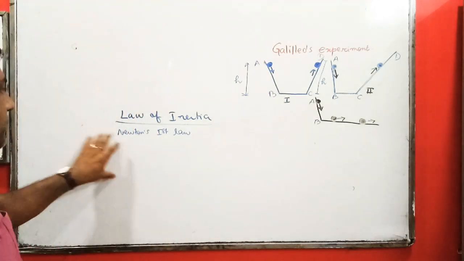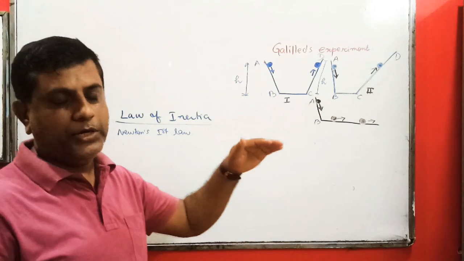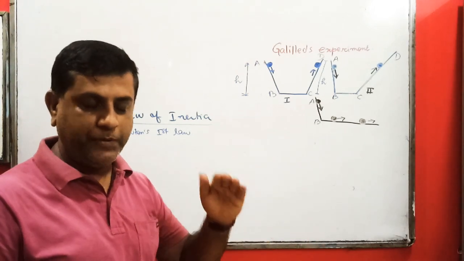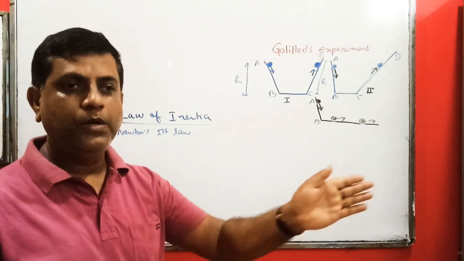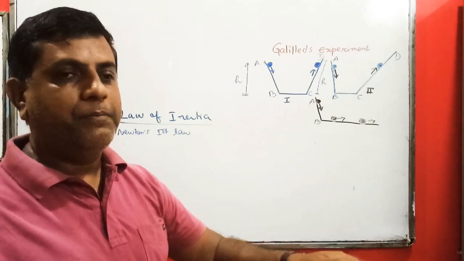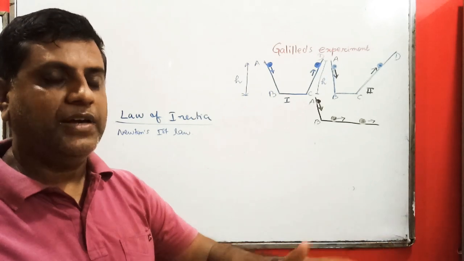So simply, Newton's first law is what? Every object continues to remain at rest or in what? Uniform motion, unless compelled by some kind of what? External force, or you can say unbalanced force.